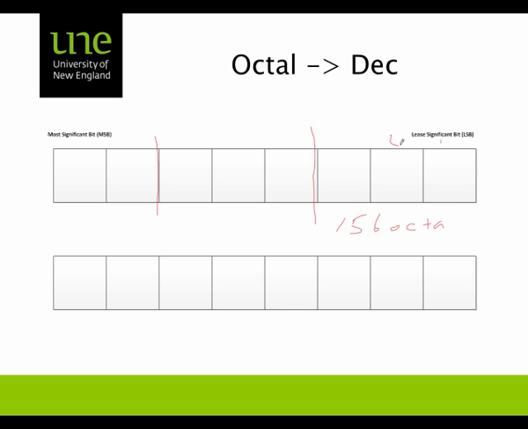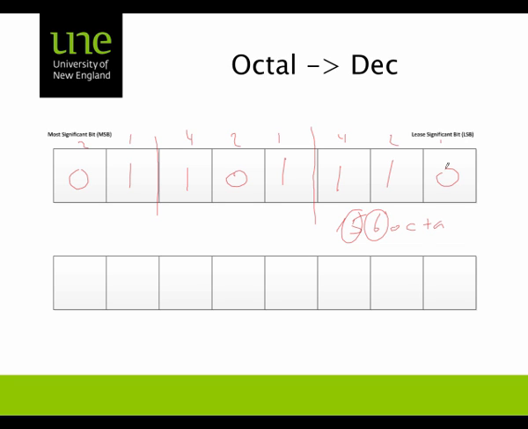Remember 1, 2, 4, 1, 2, 4, 1, 2. Because this is octal, we need 6, which is a 4 and a 2, a 5, which is a 4 and a 1, and a 1. We put zeros everywhere else.